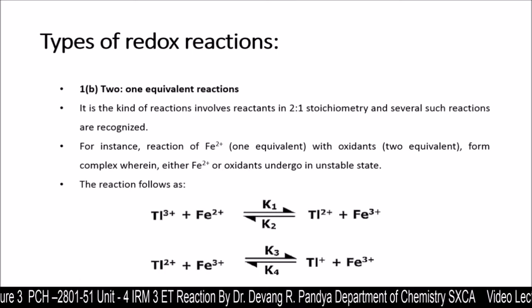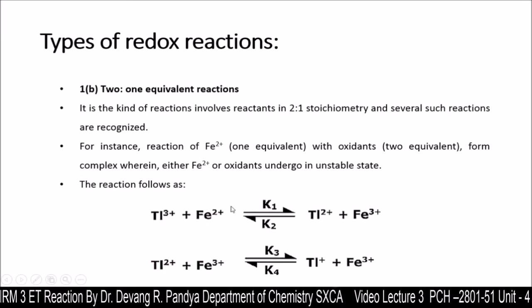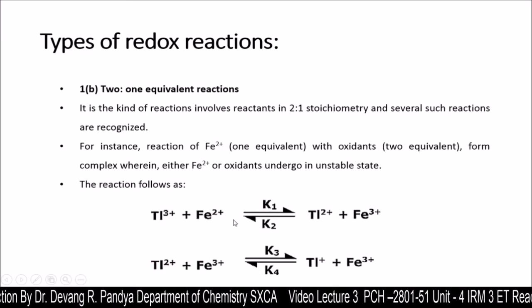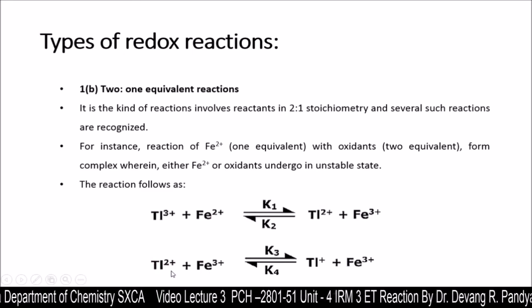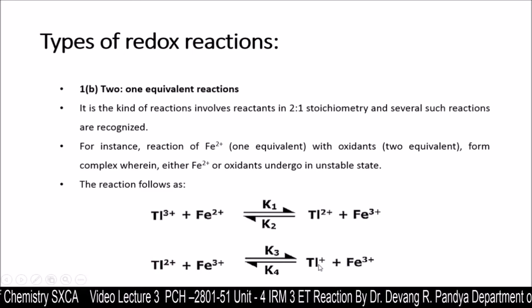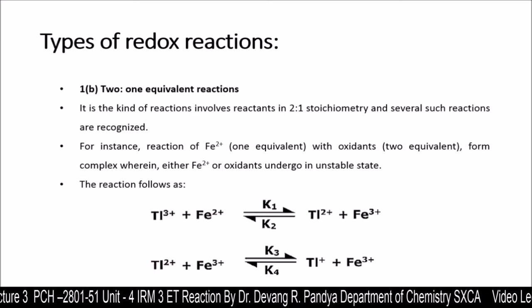The reaction is like this one: plus 3 is converted into plus 2 and plus 2 is converted into plus 3. Ferrous to ferric. Here ferric will remain and thallium will reduce to plus 1. So this is the example of these one equivalent reactions.